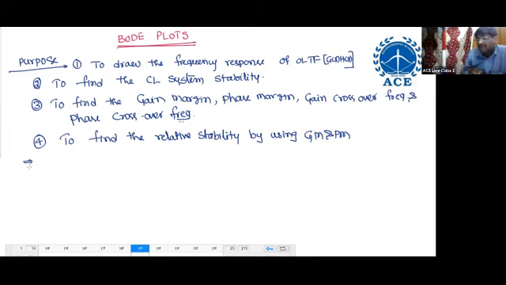Tell me, if the gain margin and phase margin are both very, very large, then what happens? The system is more relatively stable.